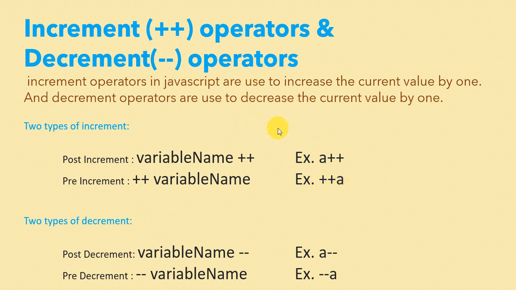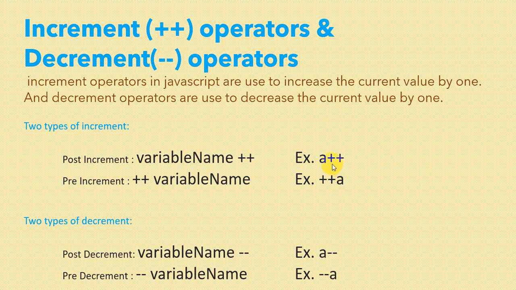For example, here if you notice, I have written a++, and in the second line I have written ++a. If this operator is used after the operand, after the name of the variable, what is the a here? A works as an operand, or a is nothing but a variable name.